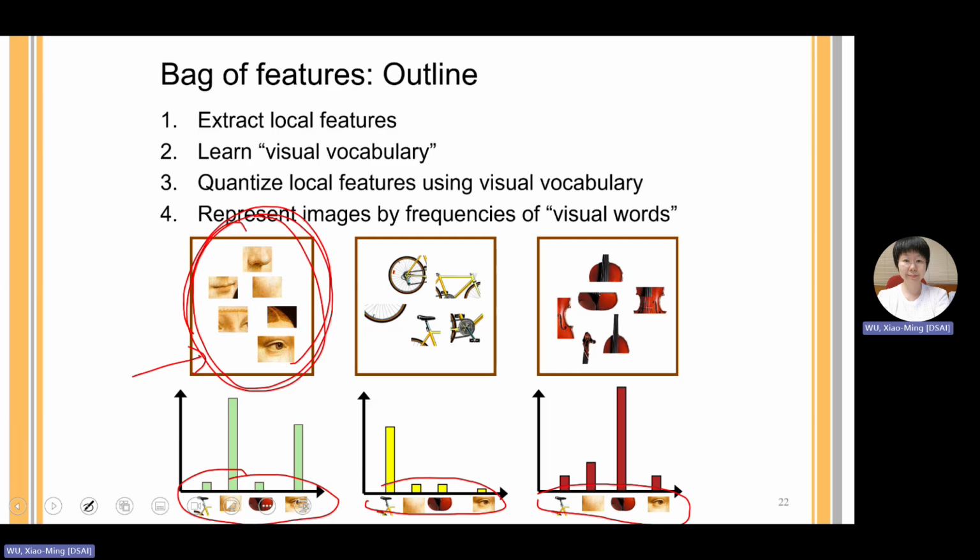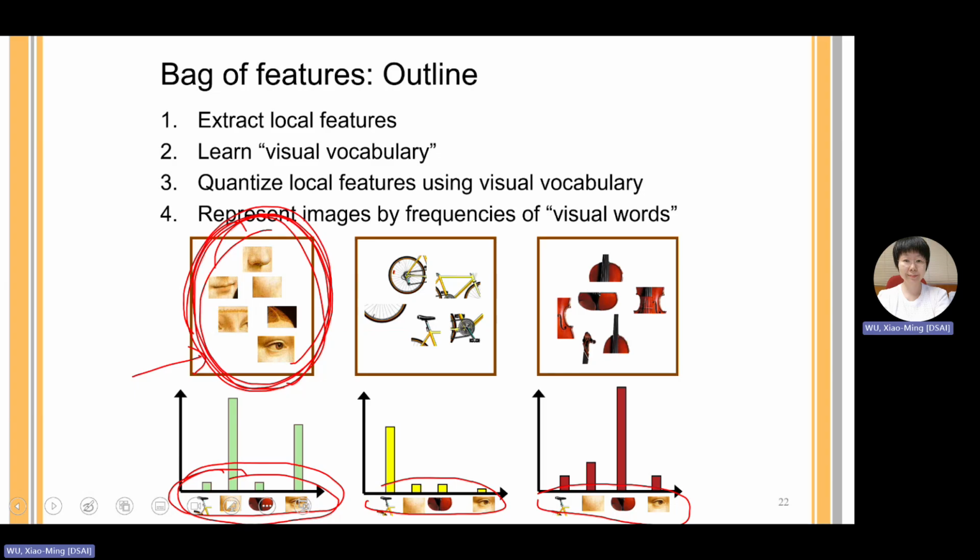Then we calculate the distance between these image patches and the visual vocabulary, and we assign each image patch to its closest center, its closest visual word.